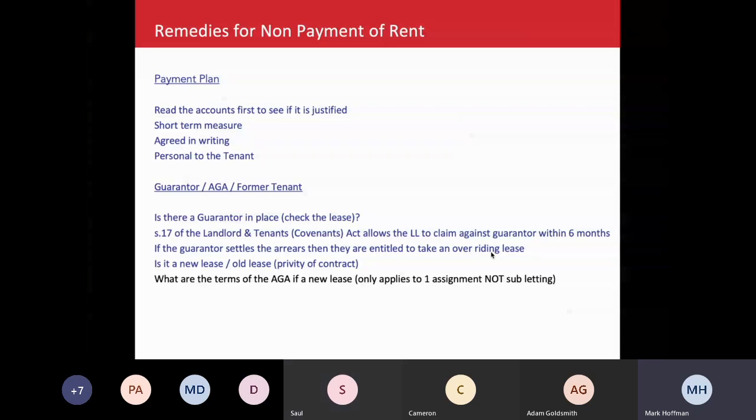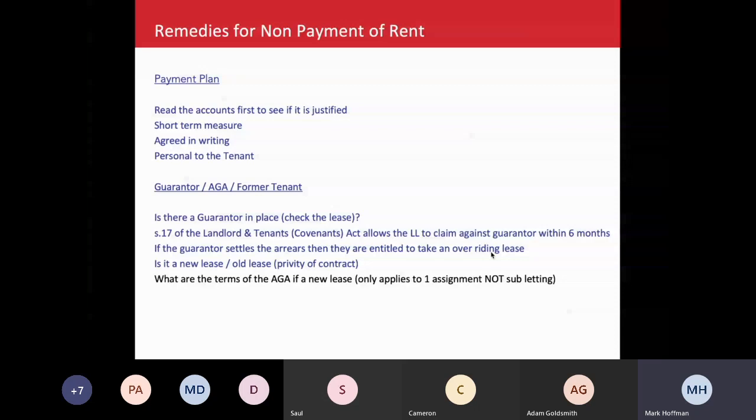So in other words, if you've got a property let to Tesco and they want to assign, and you look at the lease and they are permitted to assign, subject to landlord's consent not to be unreasonably withheld or delayed. And they want to assign their lease to, I don't know, a local convenience store. So Tesco remain on the hook through their authorised guarantee agreement.